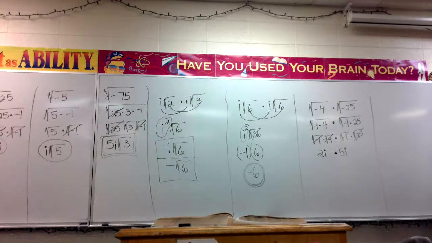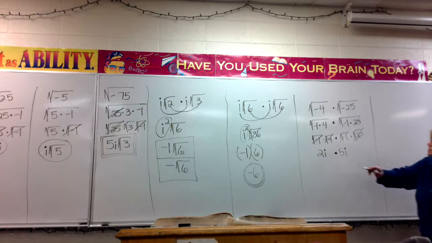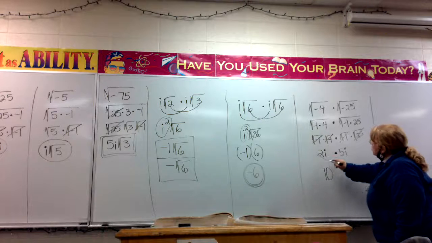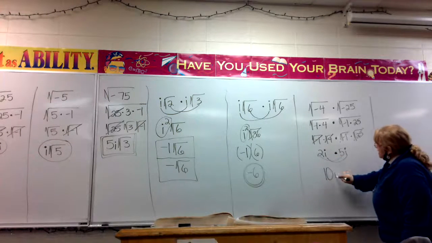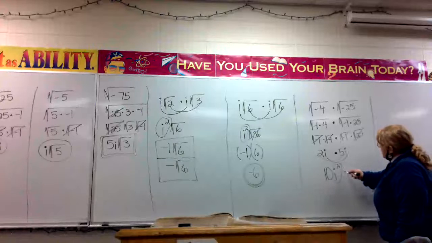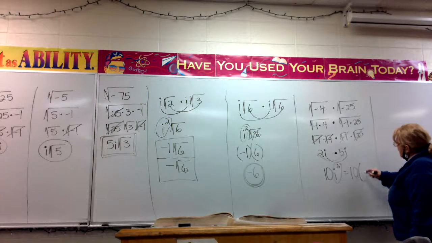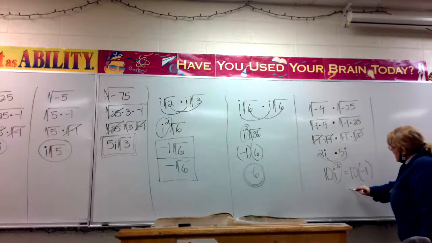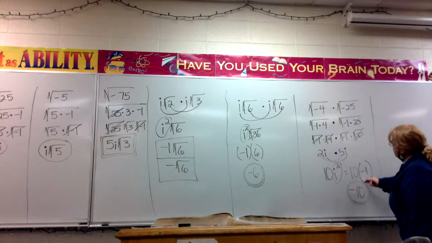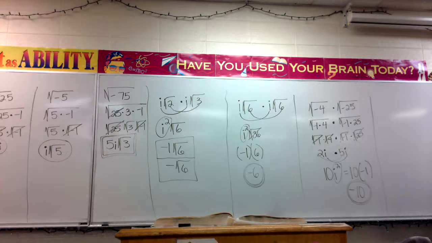Now multiply those together. What's 2 times 5? 10. What's I times I? I squared. What is I squared? -1. So that actually comes out to be -10 is the correct answer. You have to simplify those first.